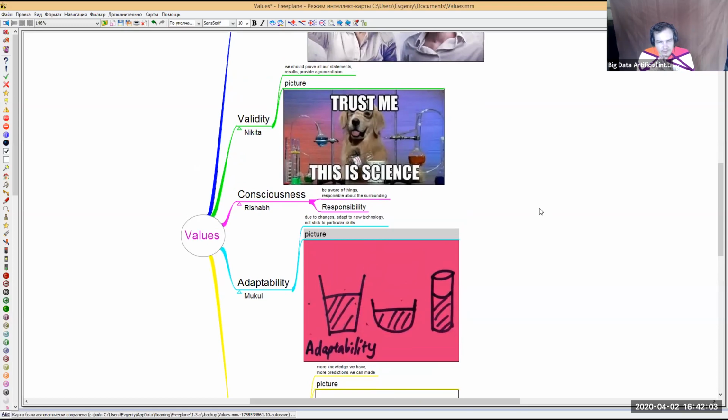If a customer or stakeholder asks whether you can provide a prediction at a level of 97%, and due to validity you say, I cannot say now, but I can try. And actually, you may say there is no data to achieve such accuracy, such quality.